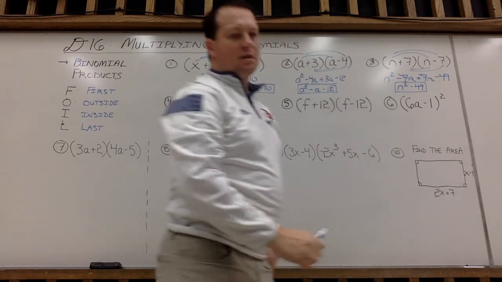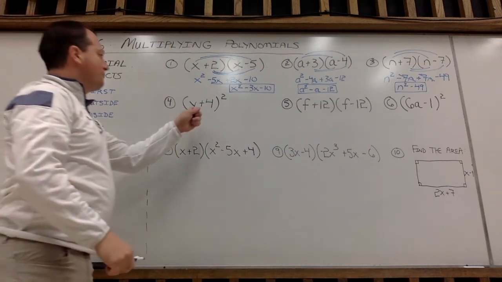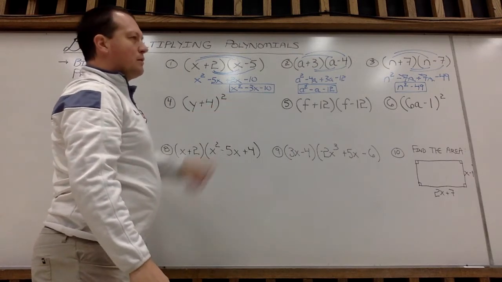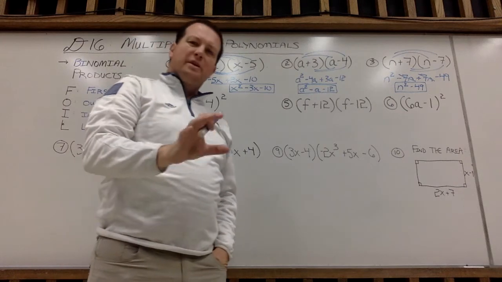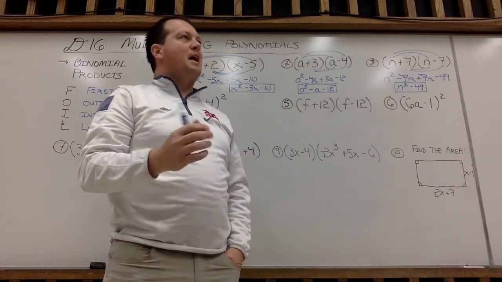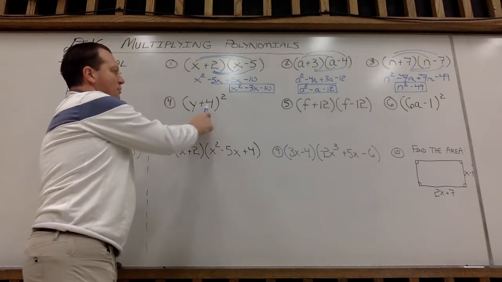Now isn't that crazy? Oofda, if you are Norwegian. Okay, we need to be careful here. When I square something, remember that means we're going to multiply it by itself, like 5 squared means to take 5 times 5. Same thing with binomials.